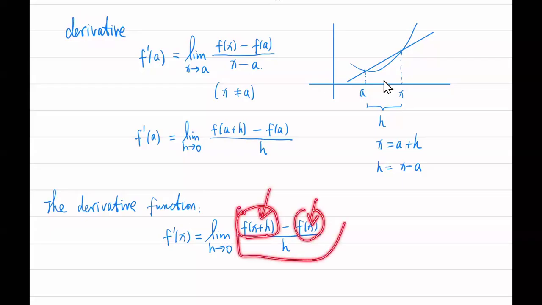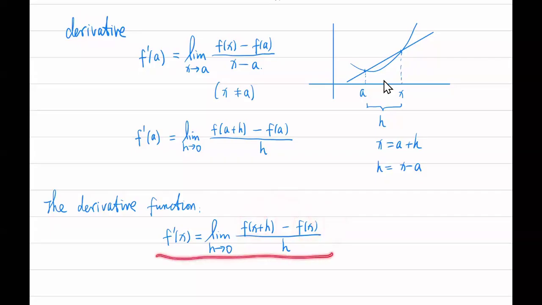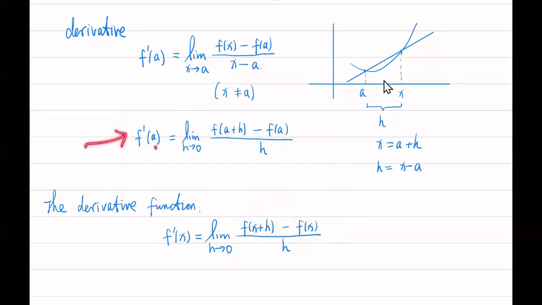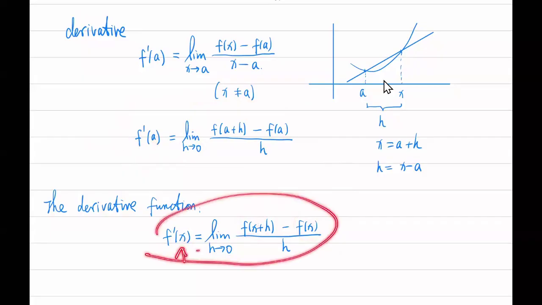Consider the quotient, you take a limit. If we compare these two formulas, they are essentially the same. What's the difference between the two? We replace each A by x. So we go from the derivative at one point to the derivative function. X changes, this changes, we get a function.